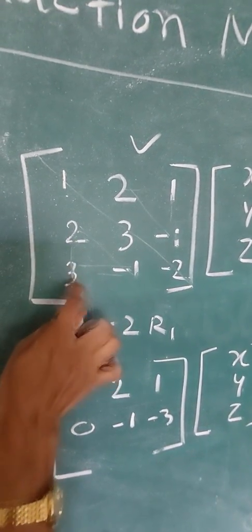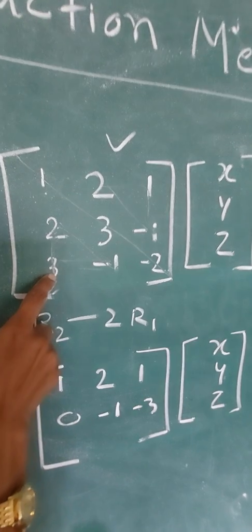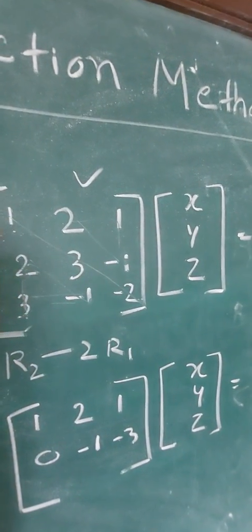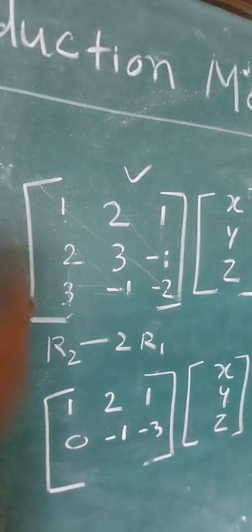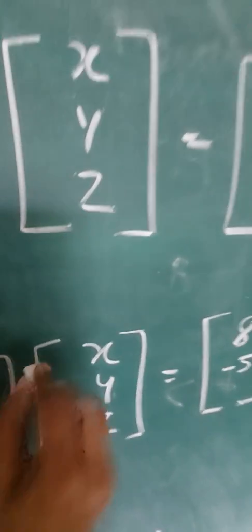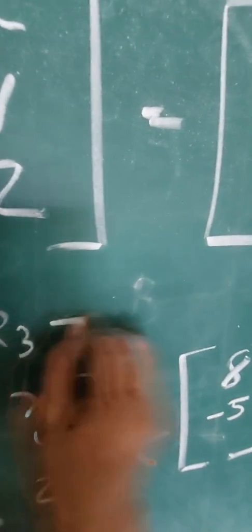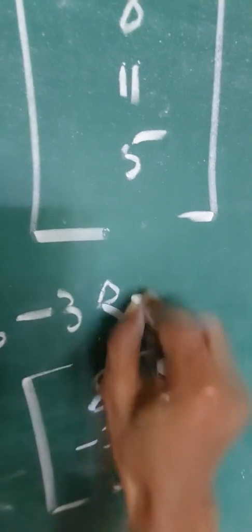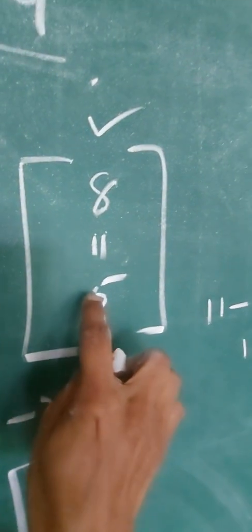Now, we are making this 3 into 0. For making 3 into 0, we will subtract 3 minus 1 into 3. That is R3 minus 3 into R1. R3 we are converting into R3 minus 3R1. Same changes here also, R3 minus 3R1.